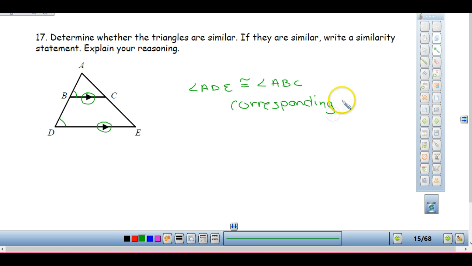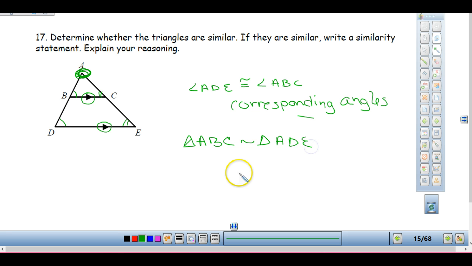I know it kills you guys to remember corresponding angles. Okay, the other one that we can use, we could do corresponding angles here and get two angles congruent to our triangles. Or we have A up here is going to be our shared angle. Okay, so triangle ABC is similar to triangle ADE, okay, by angle, angle, because of those shared angles.